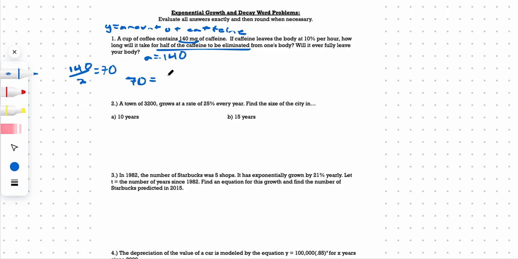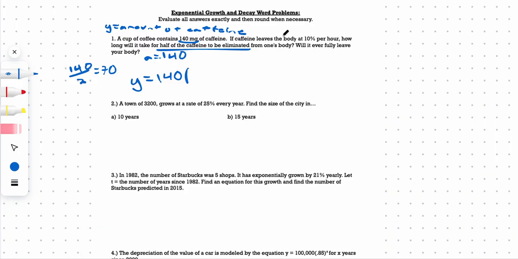Now, we need to create the equation. Y equals, well, we already said our starting point was 140. So let's write that out, 140. And then what's our B value?